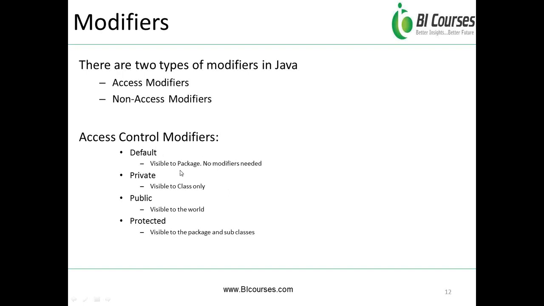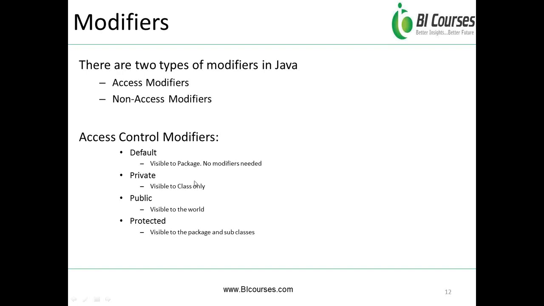Default is visible to the package. A package is nothing but, like the folder structure in Windows, in the same way all the classes are grouped into one package. So the default access modifier is visible only to the package and no modifier keyword is required.